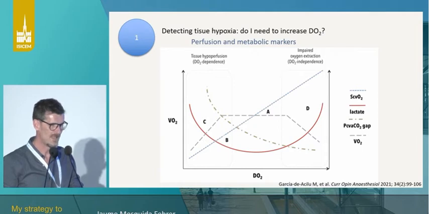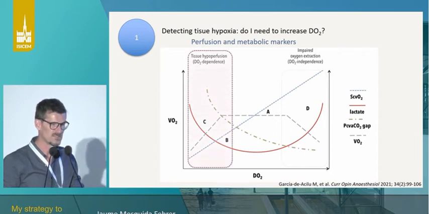Our whole idea when we want to increase oxygen delivery to the tissues is that we are treating those patients who are in this area of tissue hypoxia due to low oxygen transport. So that's why we want to increase oxygen transport.